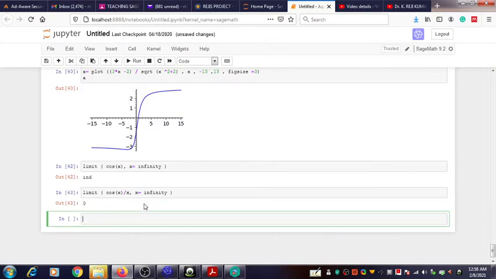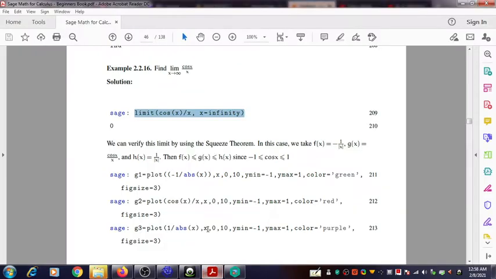Here the limit value is obtained as 0. So let's check whether this is true using the squeezing lemma. In some cases we can apply the squeezing lemma to find the limit of a function.